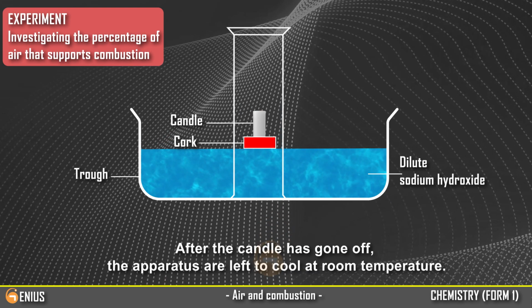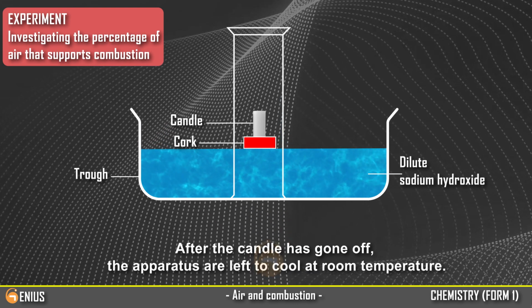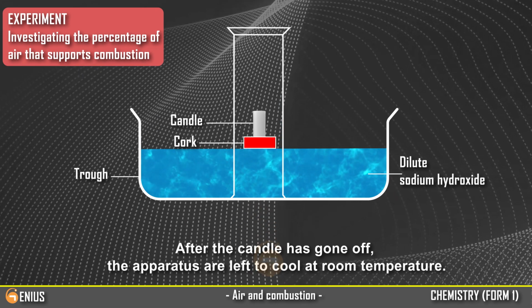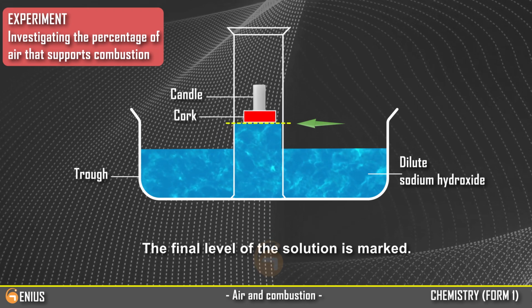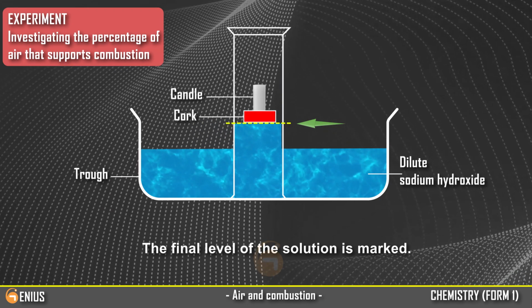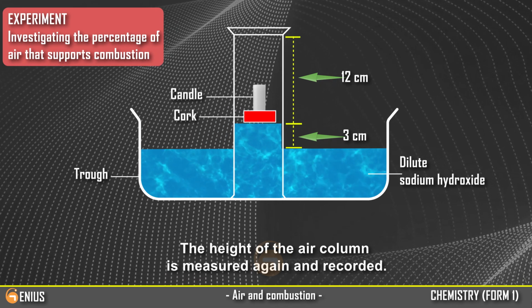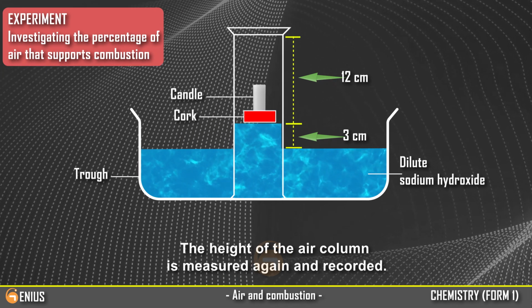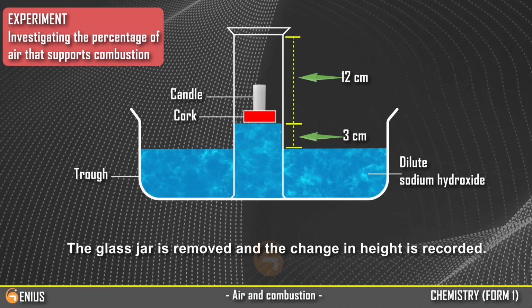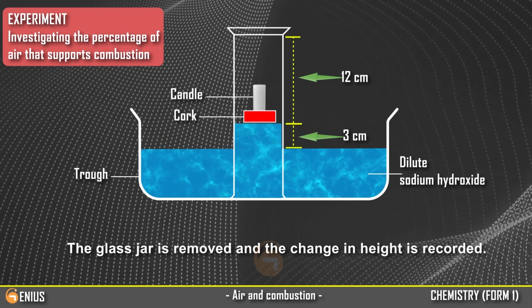After the candle has gone off, the apparatus are left to cool at room temperature. The final level of the solution is marked. The height of the air column is measured again and recorded. The glass jar is removed and the change in height is recorded.